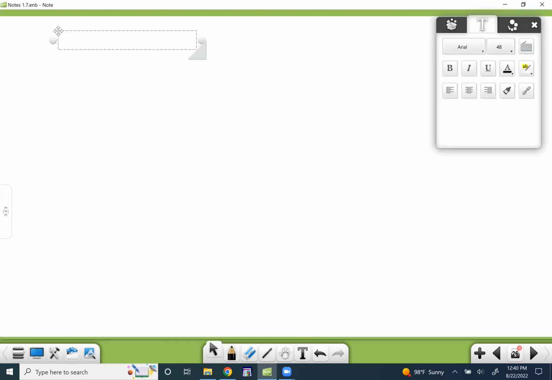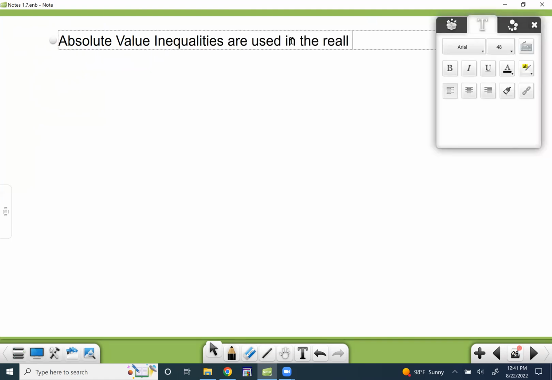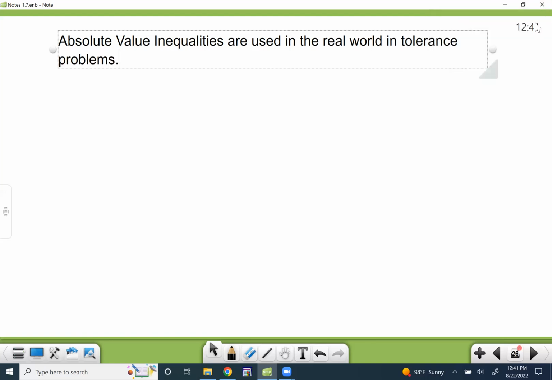Let me write down a few things. Absolute value inequalities are used in the real world in tolerance problems. They're called tolerance problems because you'll tolerate some error. You don't have to be spot on. A range of numbers is fine, right? So let's consider our M&M problem, okay?